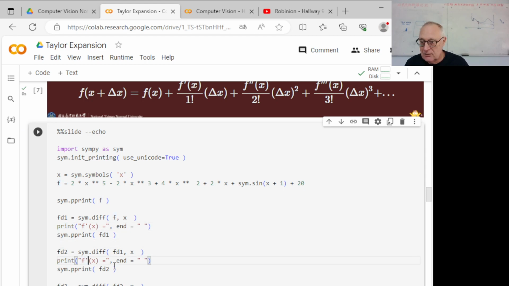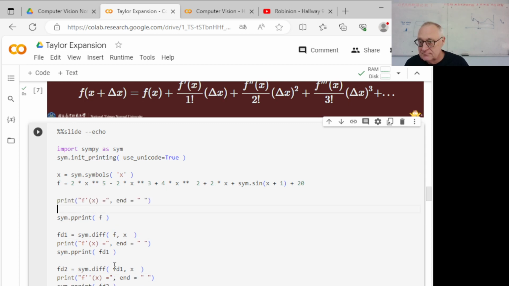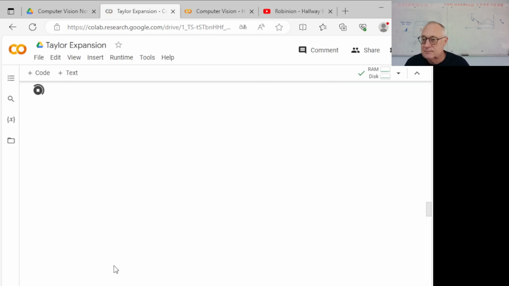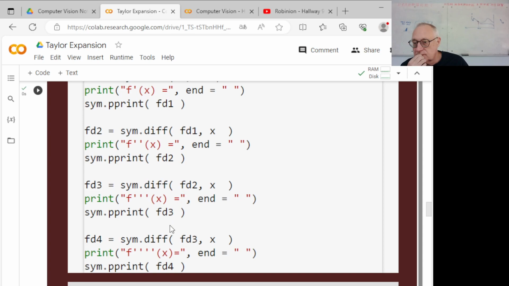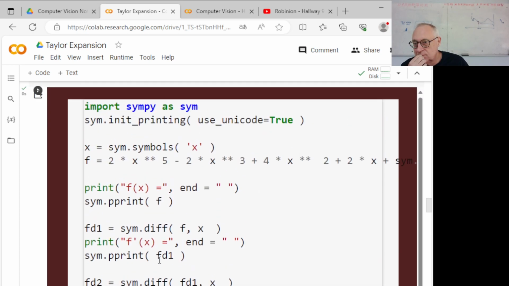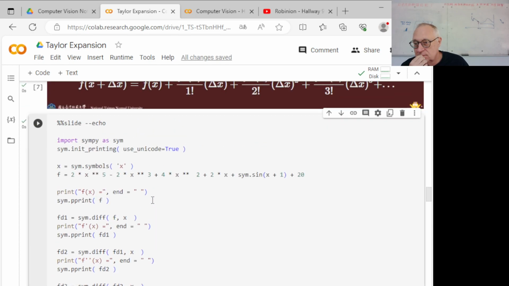This is f dash, double dash for the quadruple derivative. And here's f of x. That doesn't look so nice. Let's try that.